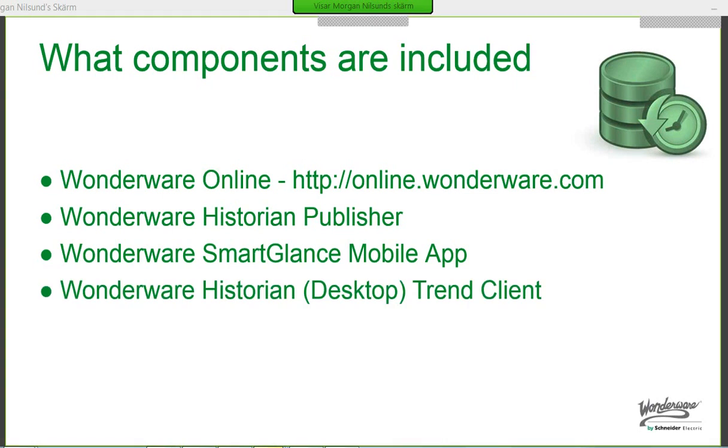The Wonderware Desktop Trend Client. This is a part of our Historian Client package. So many of you are probably quite familiar with this tool or feature already. But this is a very mature and familiar desktop trend client that can be used to update and browse both on-premises Historian and now managed Historian, or as we also call it, Wonderware Online.